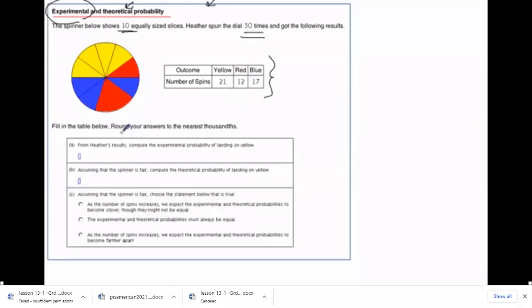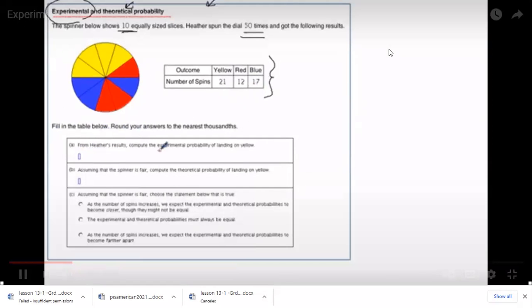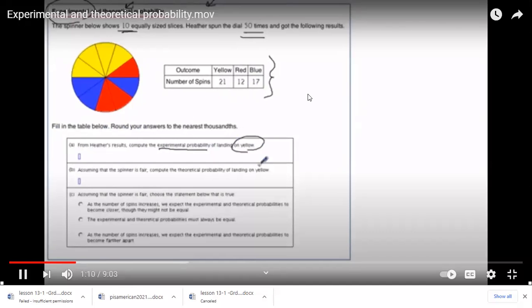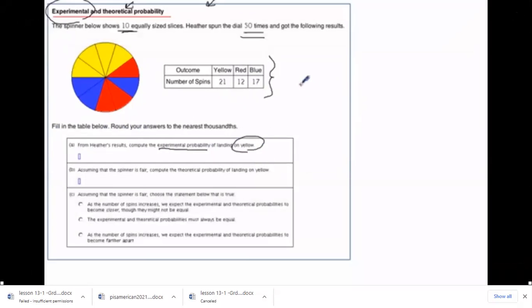Here's the question. First of all, from Heather's results, compute the experimental probability of landing on yellow. The experimental probability of yellow is the number of yellow out of the total. How many times did we end up with yellow? 21 times. And how many times did we spin it? 50.